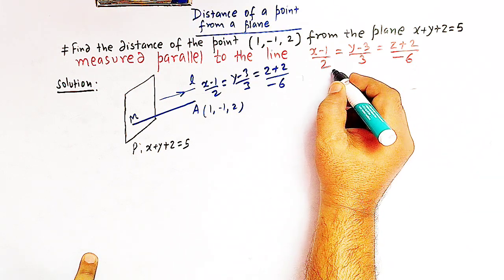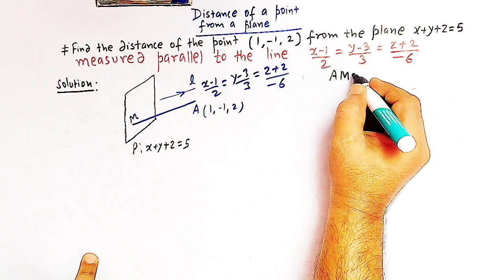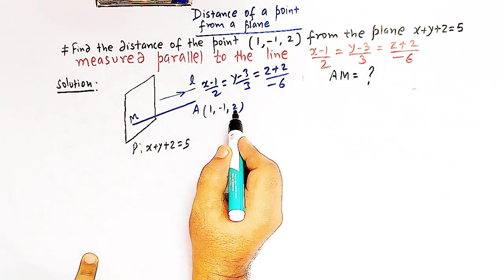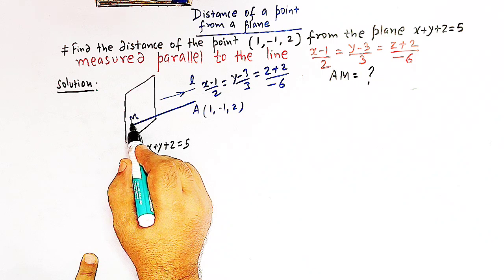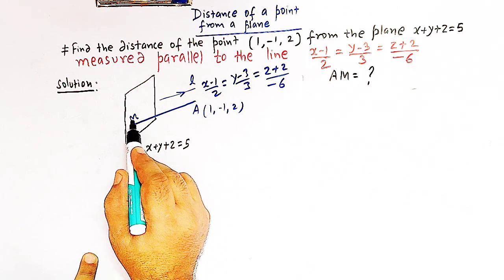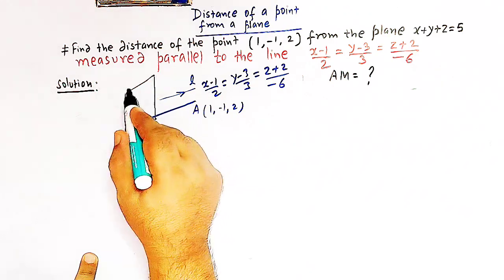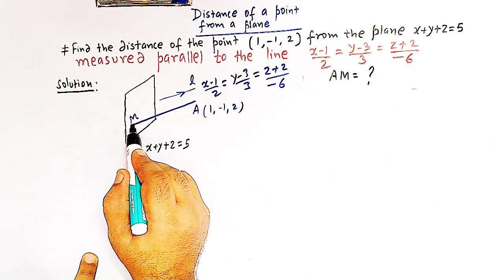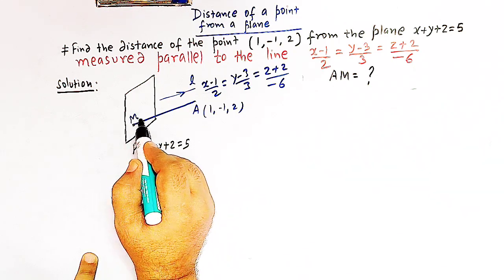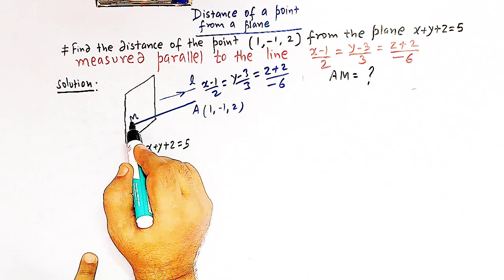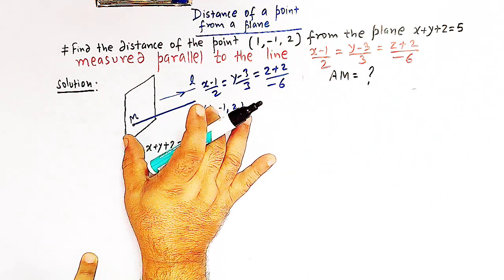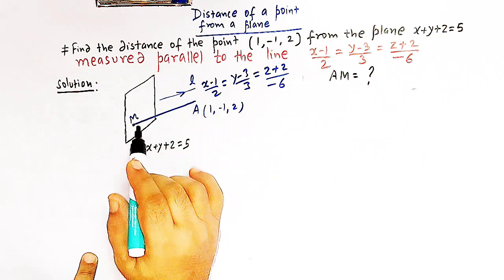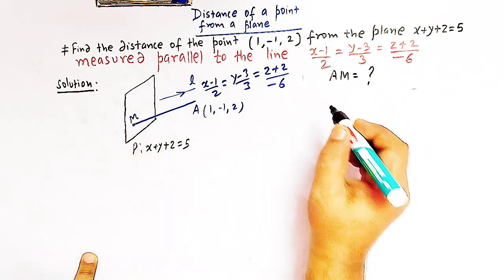So now we have to find this distance AM, where A is (1, minus 1, 2), and we have to find the coordinates of this point M, which lies on this plane x plus y plus z is equal to 5, right? So our first aim is to get the coordinates of this point M, so that we can utilize the distance formula, that is distance between 2 points, right?